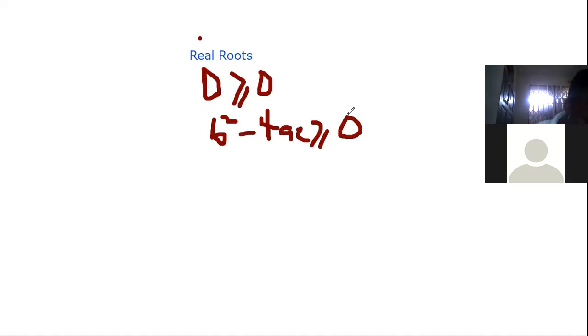Now let's do the last one. So now complex roots. With complex roots, the discriminant must be less than 0.